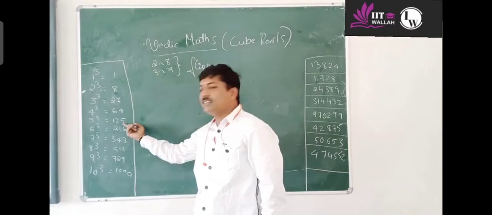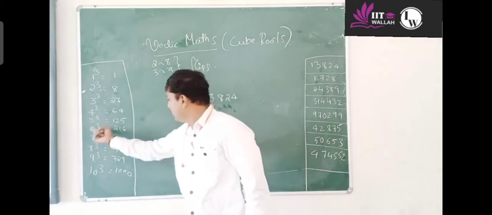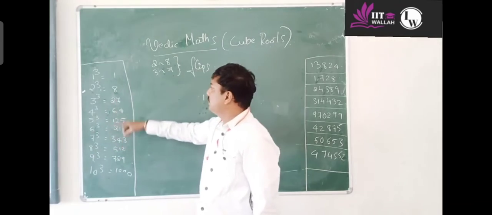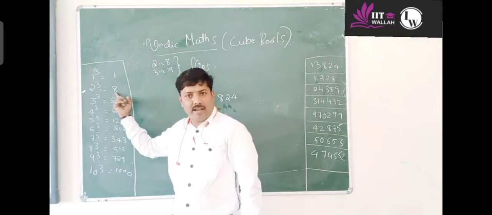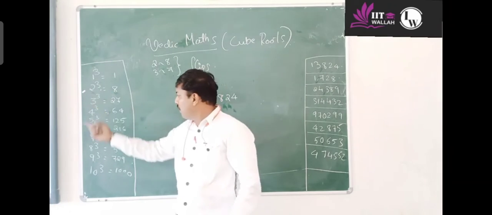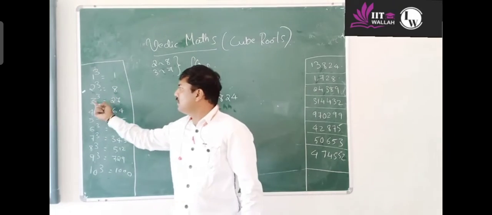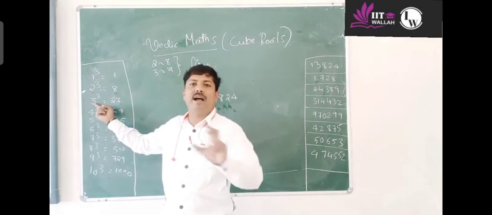If any number ends with 5, its cube root ends with 5. 6, 6. The only difference is, if any number ends with 8, its cube root ends with 2 and vice versa. If any number ends with 7, its cube root ends with 3 and vice versa.